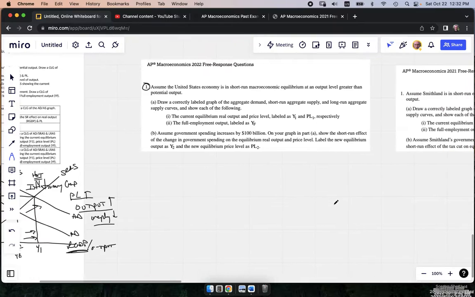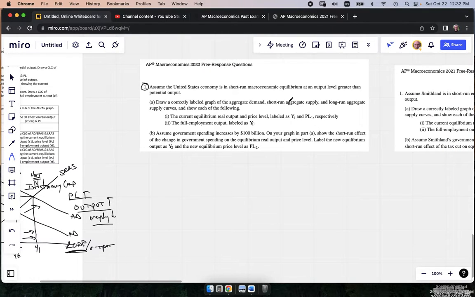Easy enough? All right. Number one, assume the United States economy is in short run macro equilibrium at an output level greater than potential. Now, you've never heard that before. Output that is greater than what we could have called full employment, or potential real GDP, or, like they did, potential output.